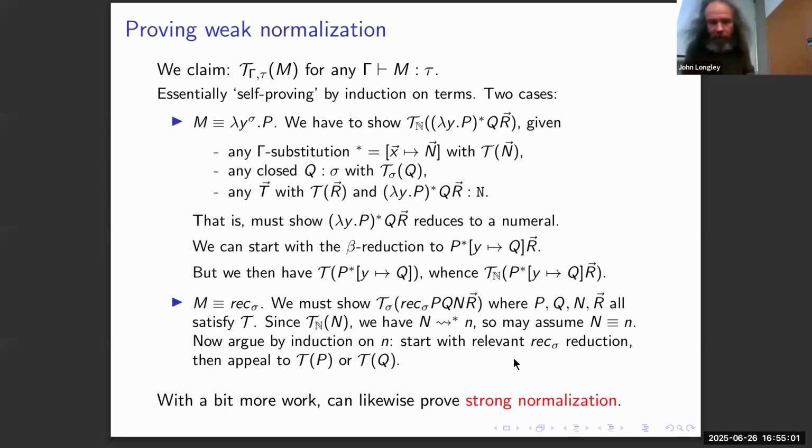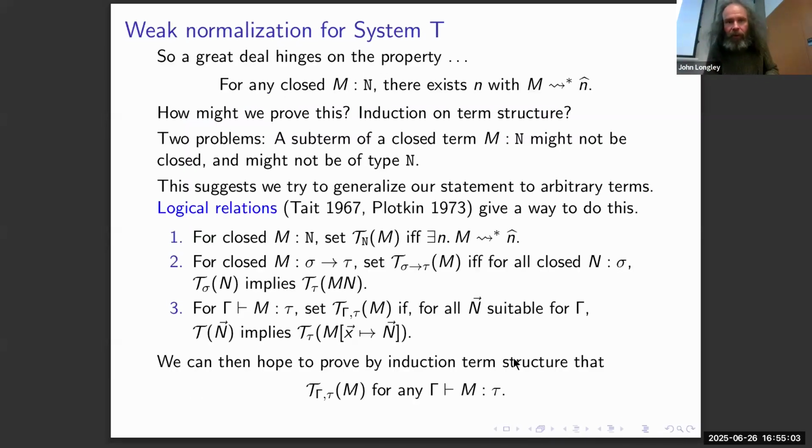If you want to prove strong normalization, you set up your logical relation differently. It's because we've just built in weak normalization here. If you want to prove strong normalization, you set it up with strong normalization there. And then you have to work a little bit harder, but it's the same.